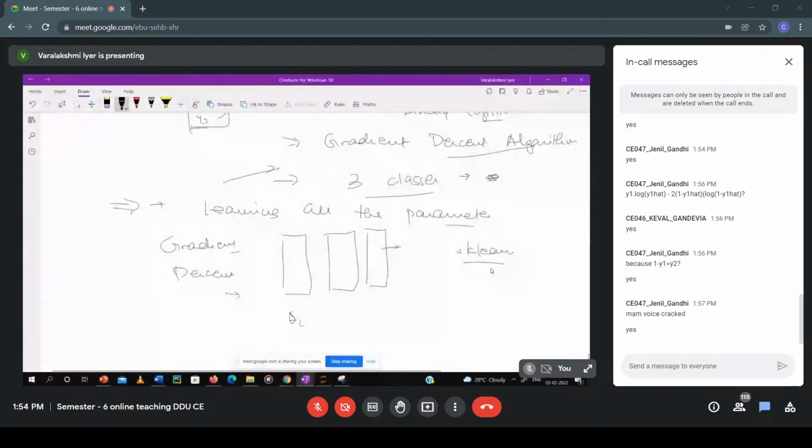These are your parameter values. For each class, you'll be learning different parameter values, so that in the output you'll be getting different y hat values. So for 3-class classification, we'll be getting 3 y hat values here. And for 2-class classification, we already know how to implement binary logistic regression, right? So everyone is clear with this point, yes or no?